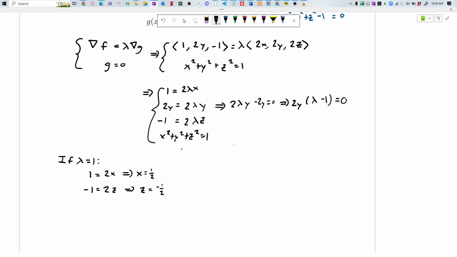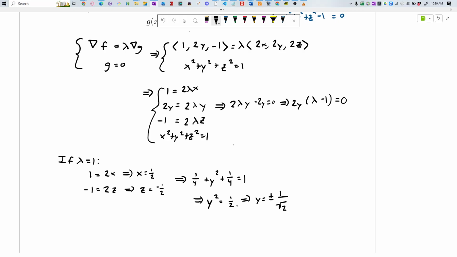But taking these values and plugging them into the constraint, the fourth equation, what does that tell me? 1/4 plus y squared plus 1/4 is equal to 1. So that actually fixes y, it looks like. So we have a 1/2, which we subtract over. Y squared will be equal to 1 minus 1/2, which is 1/2, which implies that y is equal to plus or minus 1 over root 2.